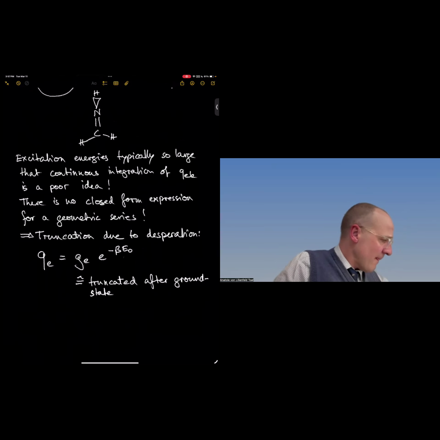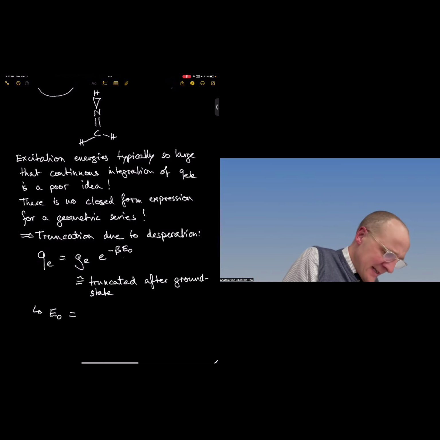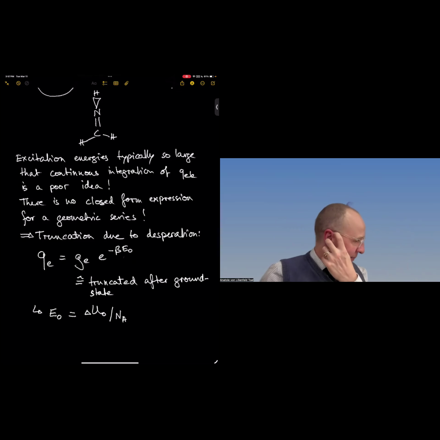So one thing one can do, and that is sort of reasonable, is to say our E0, we could calculate it, for instance, using DFT, or we take an internal energy that was measured for the ground state, and we divide it by Avogadro's number to get to the microscopic level, right?